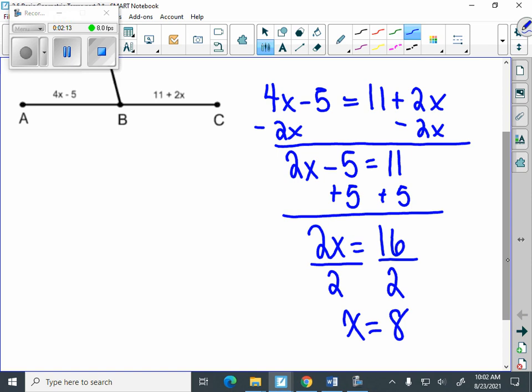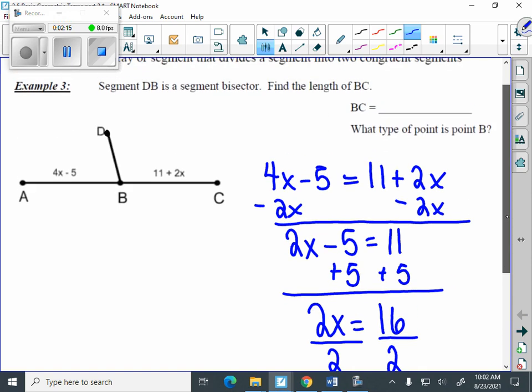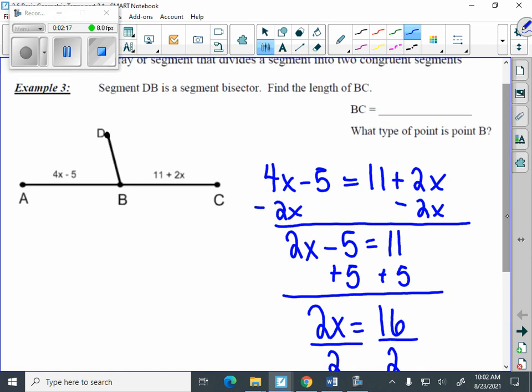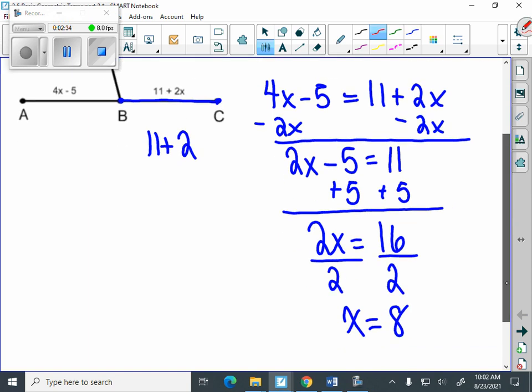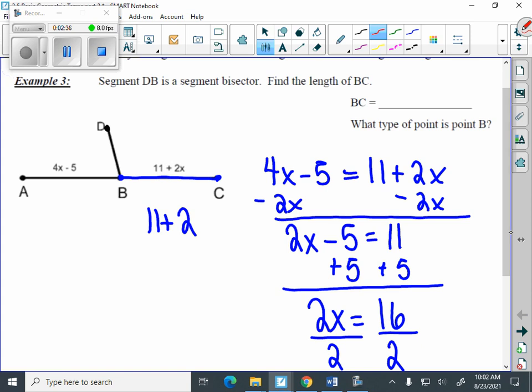As I scroll up the screen again, what we're looking for is the length of BC. BC goes from here to here, and that length of BC is 11 plus 2x. However, we're going to put the value of x in there, which is 8.